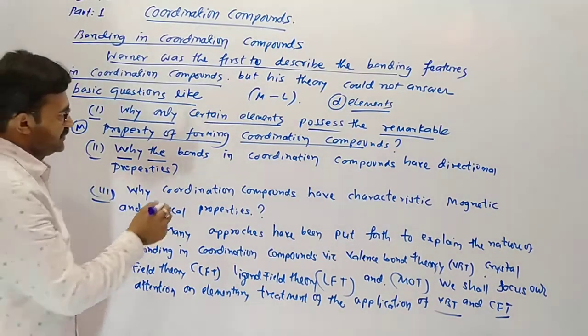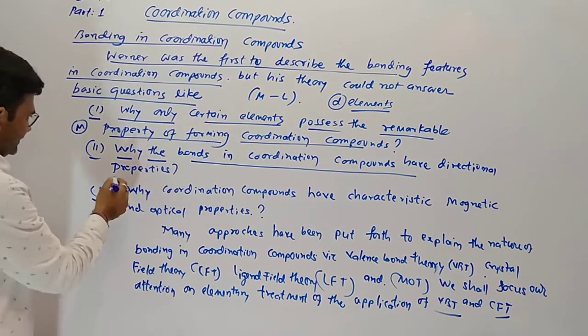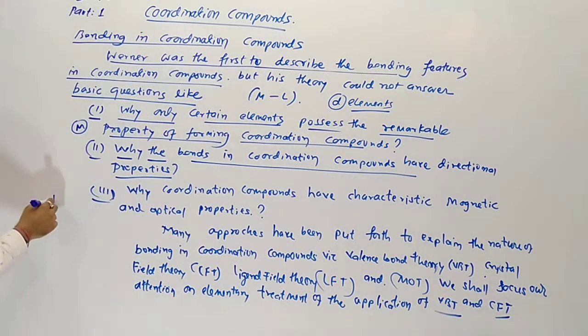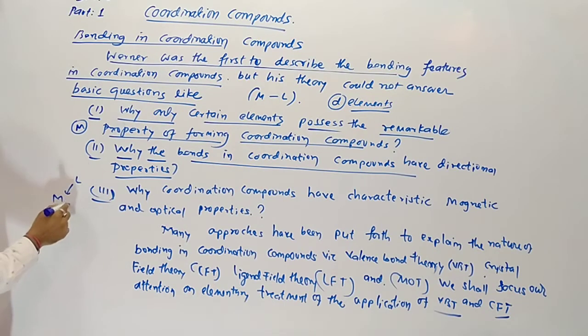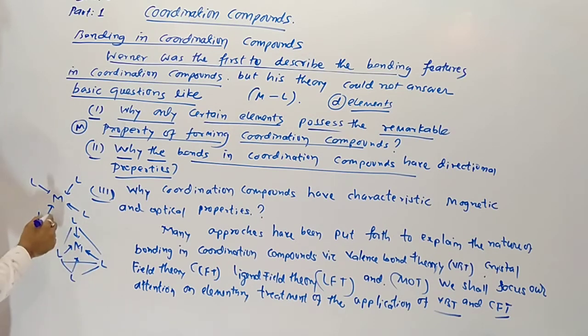Why do the bonds in the coordination compound have directional properties? We discussed: whenever 4 ligands combine with metal, it has a particular shape. It should be tetrahedral, otherwise square planar.